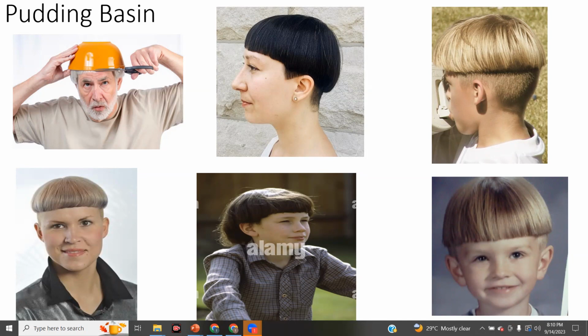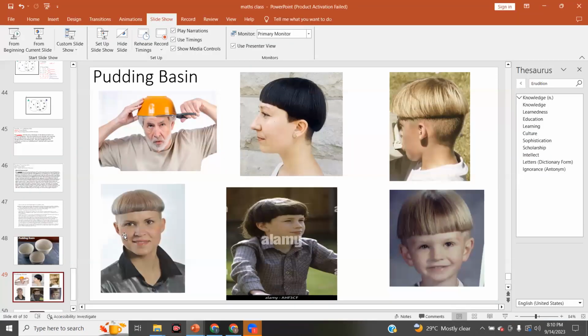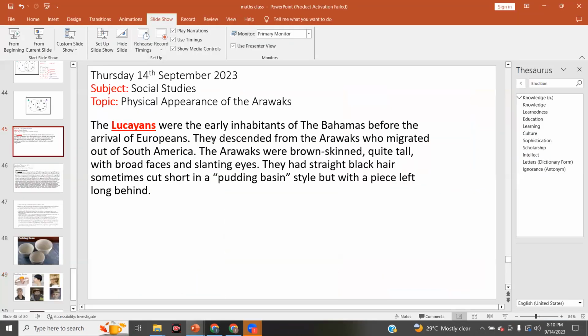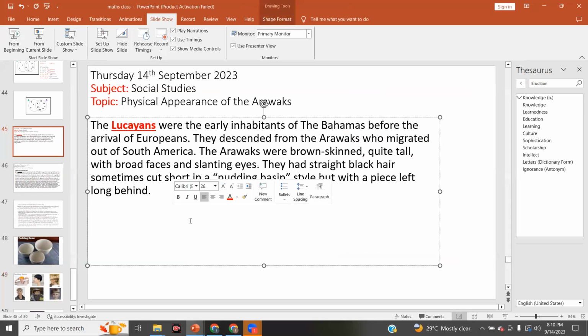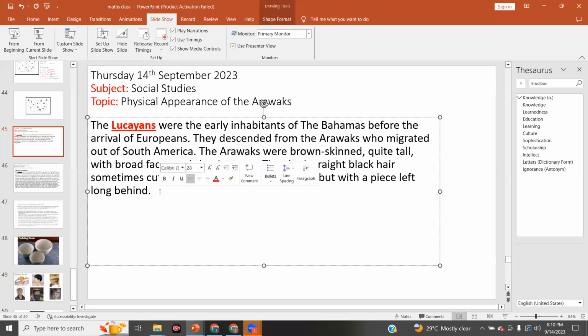That's how they would do the hair. So they had straight black hair, sometimes cut short in a putting basin style, but with the piece left long behind. So that's how they would do their hair.